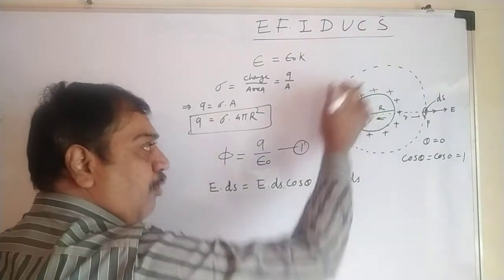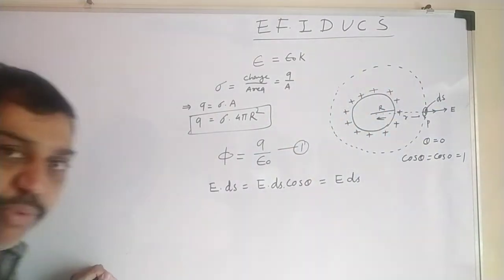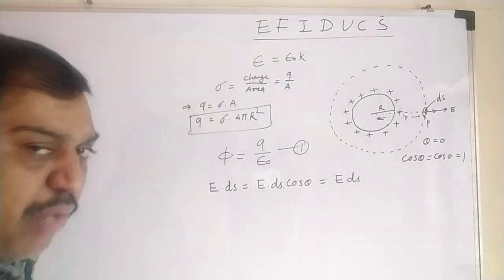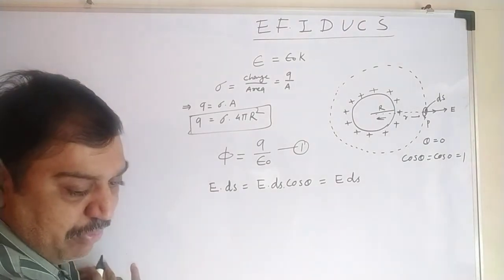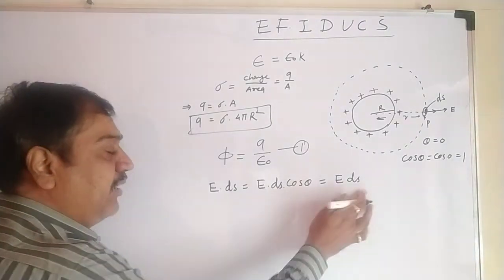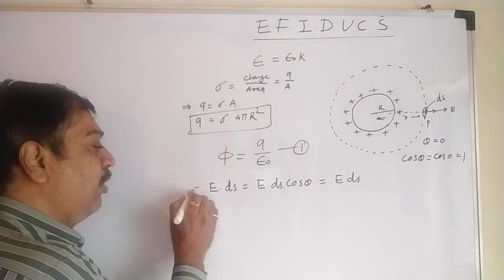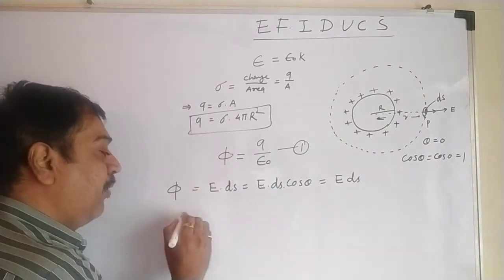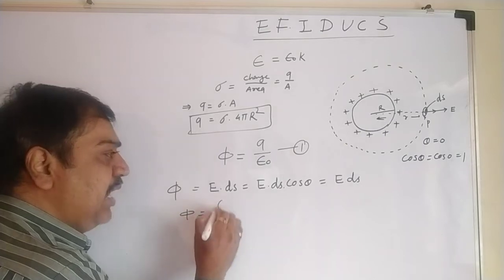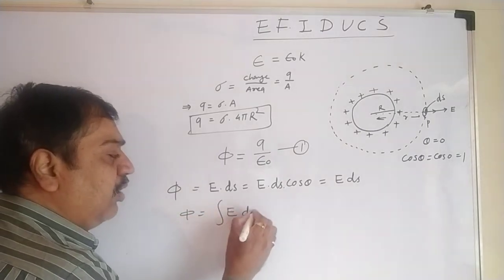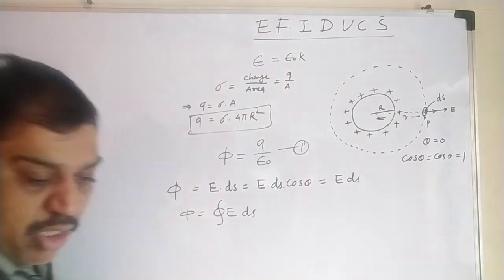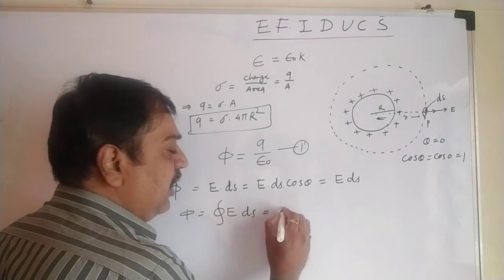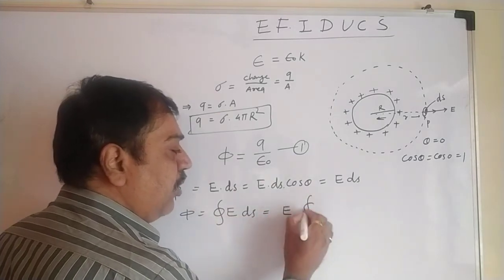But for the whole sphere we want to find the value. How can we find out phi? Phi can be found by integrating this equation: phi equals the integration of E into ds across a closed surface. Here E is a constant, so take it outside the integration, leaving the integral of ds over the closed surface.